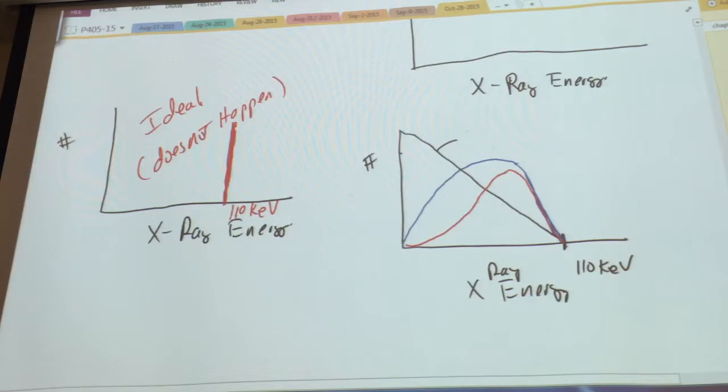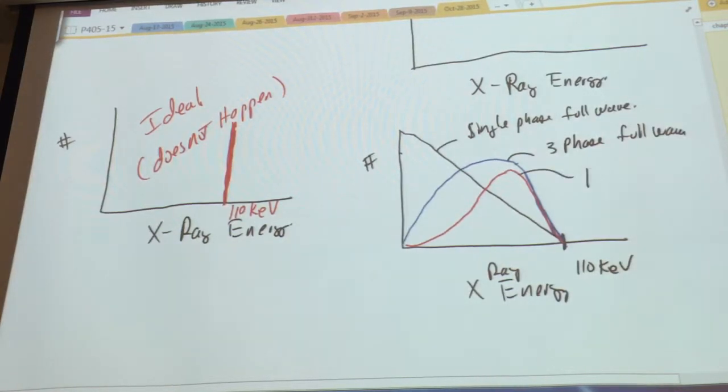This will be single phase, and the red one is high frequency, which I'll just abbreviate HF. And you see the effect of rectification on the X-ray spectra.